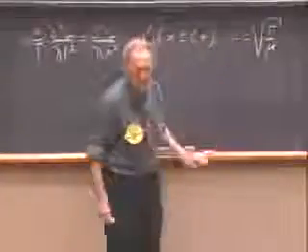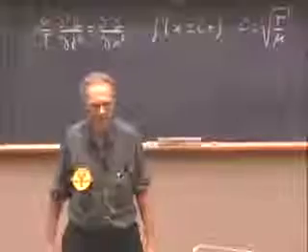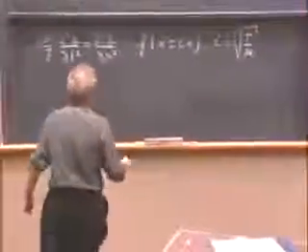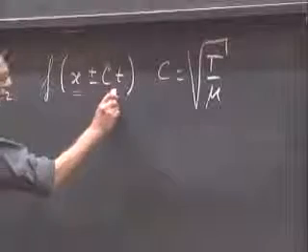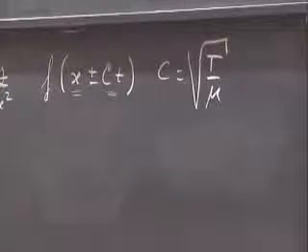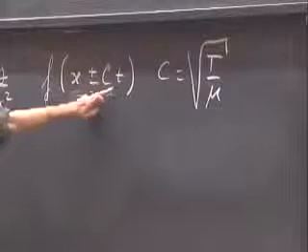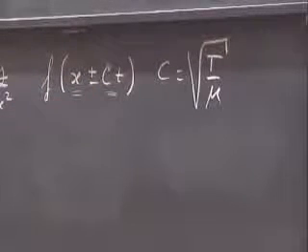What is the dimension of that c? Meters per second. It's a velocity. Because if I have apples here, I must also have apples there. And so this can only be an apple if c has the dimension of a velocity.